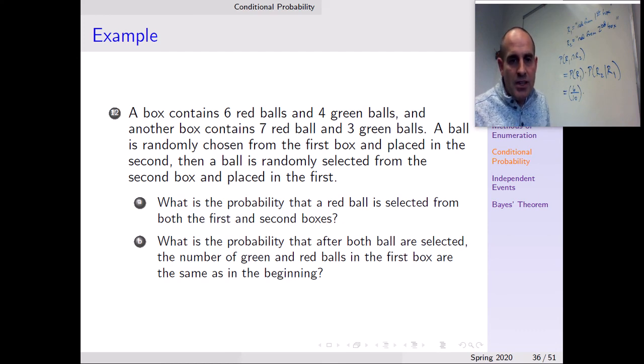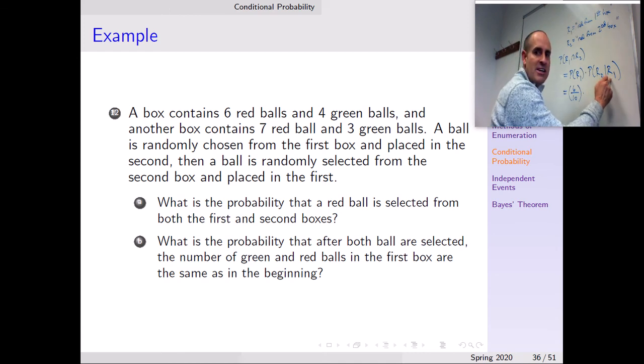Now there are 11 balls, and there are also 8 reds because we transferred a red ball over. So that's 8 reds and 3 greens at this moment. We know there are 11 balls total, and the one transferred was red, and hence the probability that we select a red second, given that we transferred a red on the first, is 8/11.